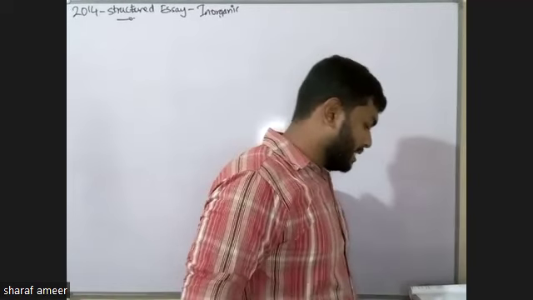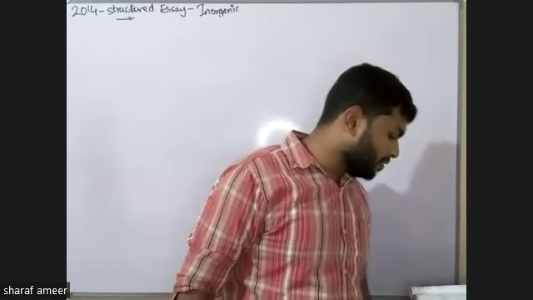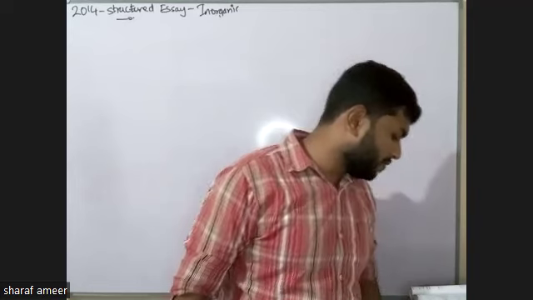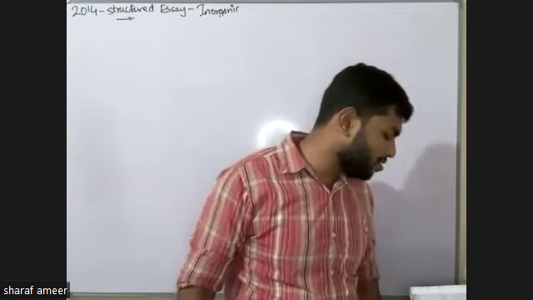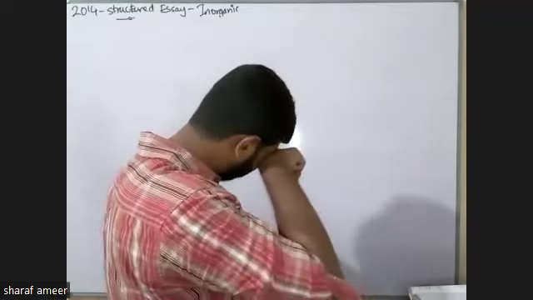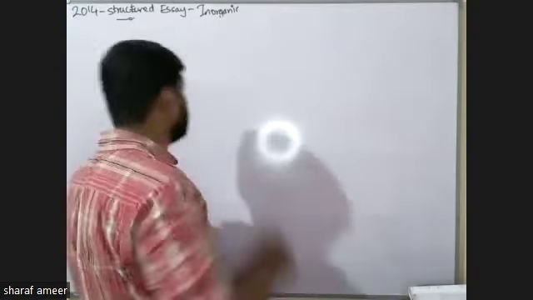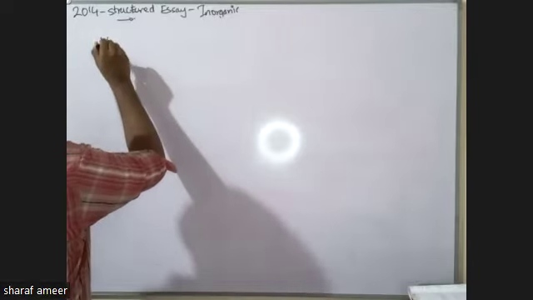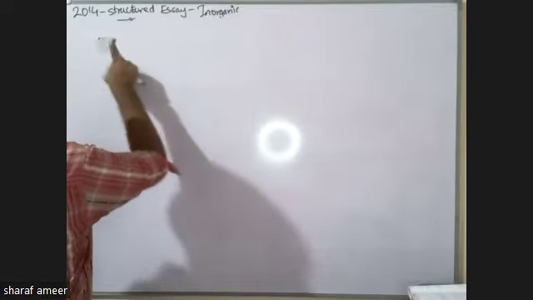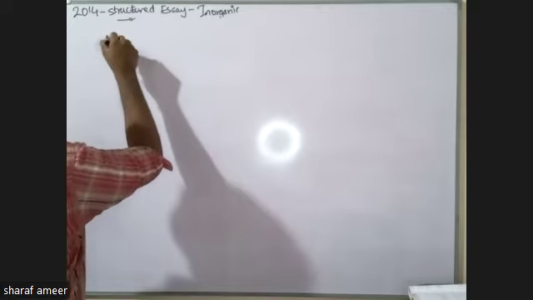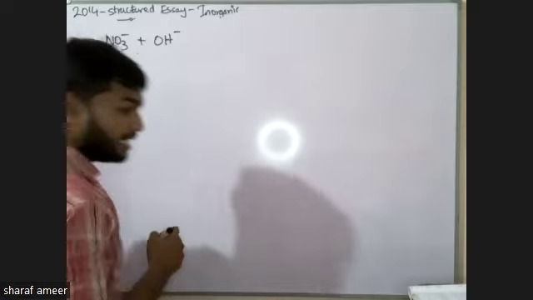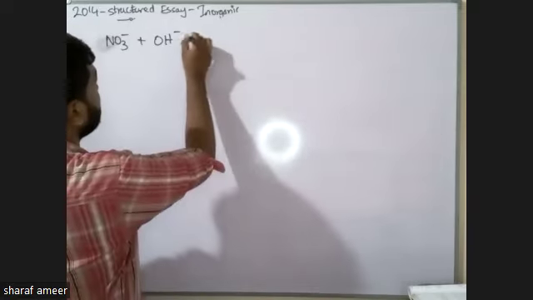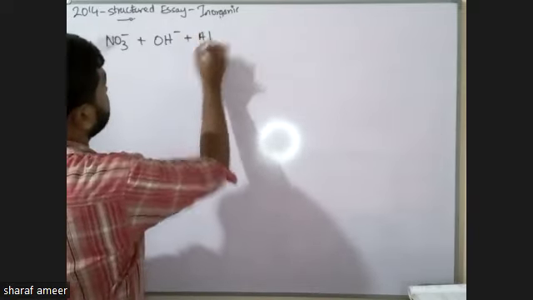Right now, write the balanced chemical equation for the reaction of X when heated with NaNO3 and dilute NaOH is used. So sodium nitrate, I'll just take NO3 minus, the nitrate ion, in the basic medium. They have put on the basic medium, now they have put aluminium there.